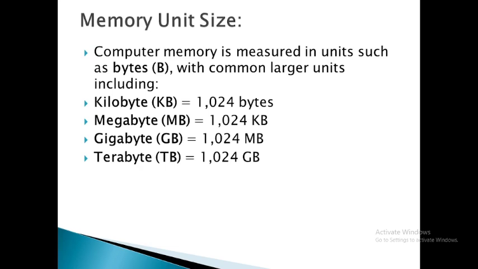Now, looking at the memory size, computer memory is measured in units such as bytes, with common larger units which include a kilobyte, which is roughly 1,000 bytes. Remember, a byte has 8 bits, which could be zeros and ones with different patterns.